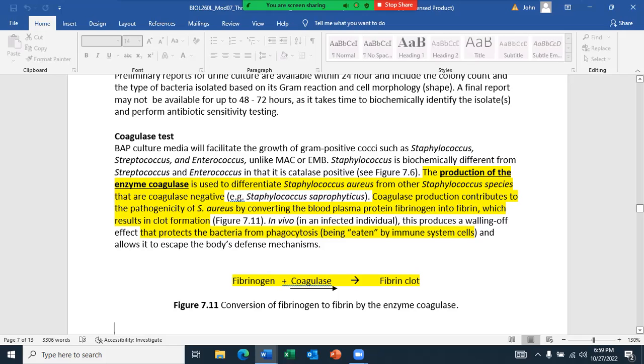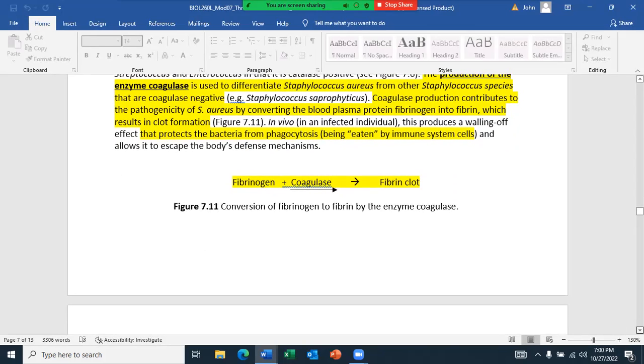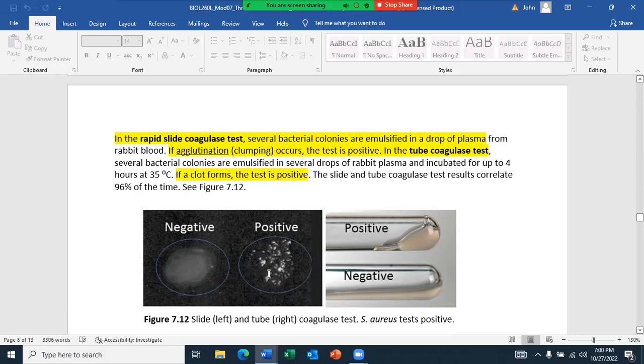What happens in the coagulase test is you put fibrinogen in with your bacteria. If the bacteria produce the enzyme coagulase, it starts creating a clot. The fibrinogen is changed into fibrin. On a slide, you'll see clumping if it's coagulase positive, and no clumping if it's coagulase negative.